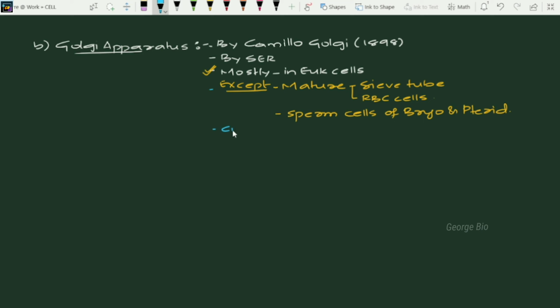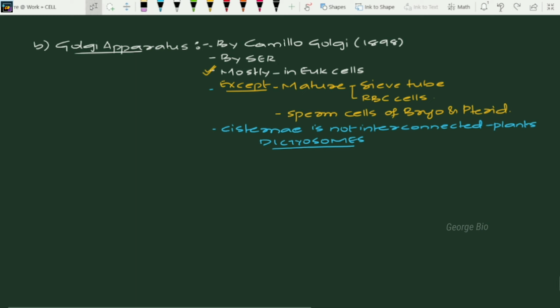So here the cisternae is not interconnected in case of plants, and such Golgi apparatus is called dictyosomes. It means if a question is asked, presence of dictyosomes is a characteristic feature of plants. Now this is one special property.